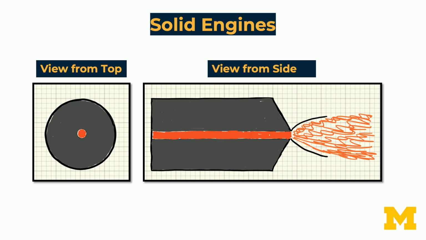If we look at your typical solid engine design, you have all of this grain, this fuel and oxidizer mixed together, packed into this cylinder, and you have a little hole going up the middle. It looks like this. On the left, we show that it is just this little hole going all the way through. And on the right, you can see that the grain is burning, and it is causing some exhaust to come out.